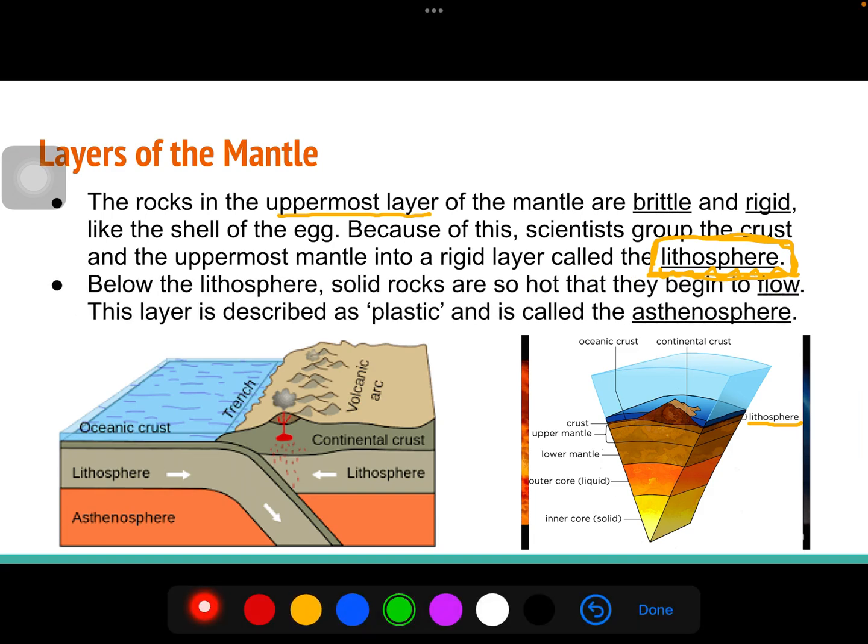The second layer of the mantle, the lower mantle, again, still solid, but because it has that heat characteristic, that superheated solid is described as plastic-like. And we're not talking about plastic-like in terms of a water bottle, but we're saying plastic-like because it's able to flow a little bit.